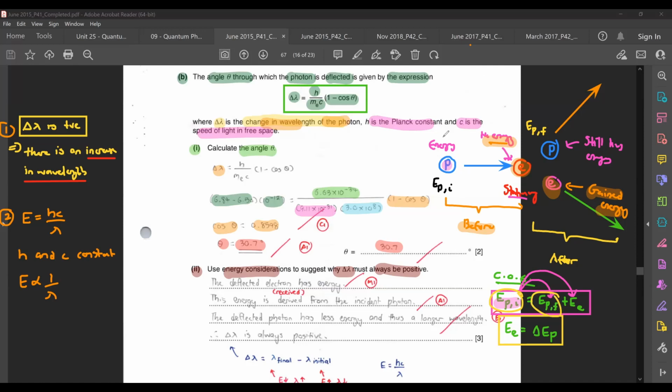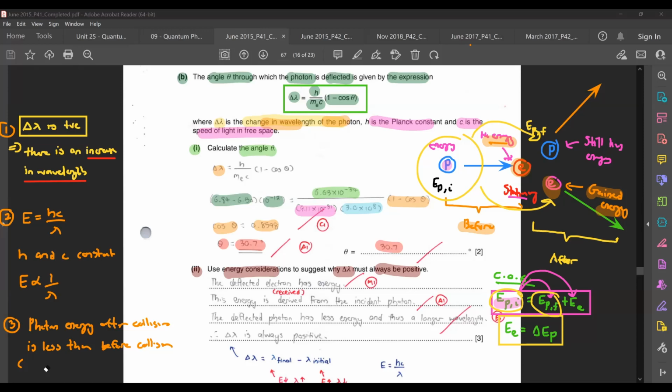Because your photon energy before this is now split up between your photon and electron after collision, what you could say is that photon energy after collision is less than before collision, since some energy has been shared with your electron.